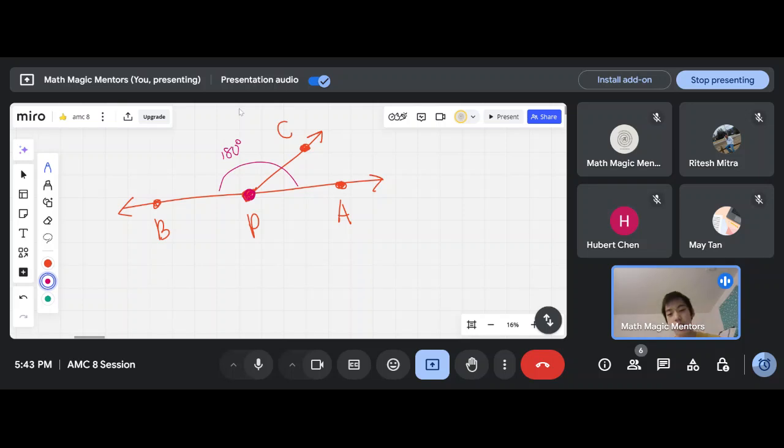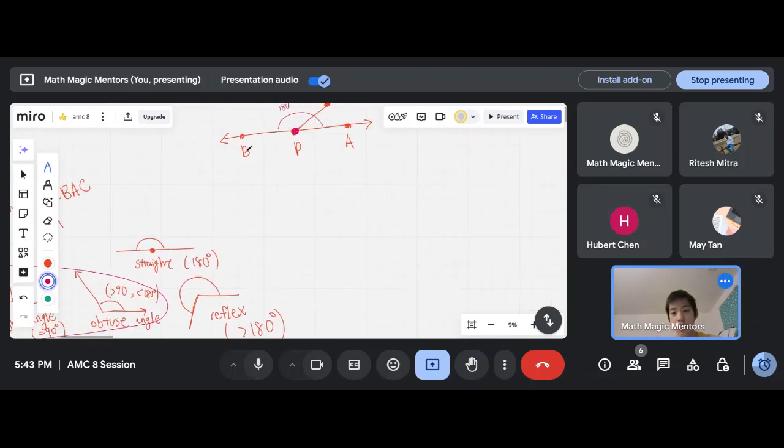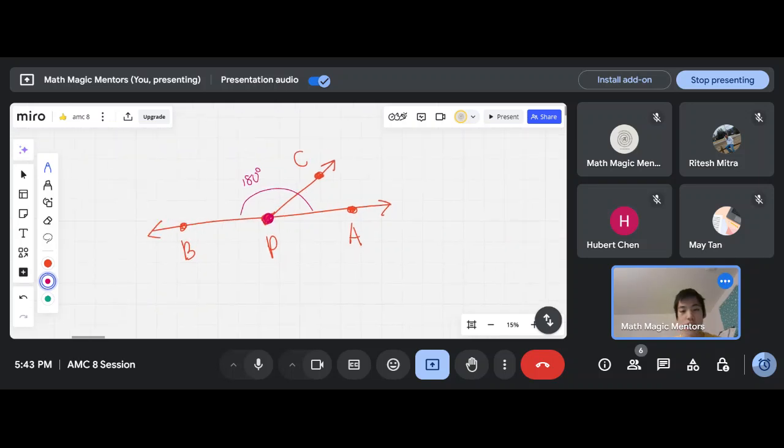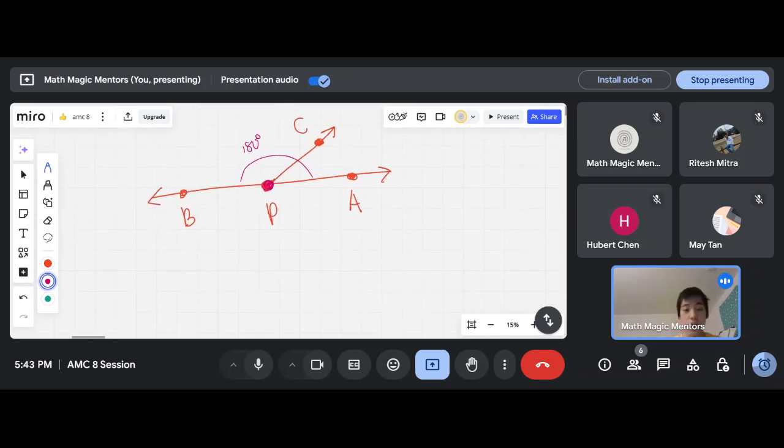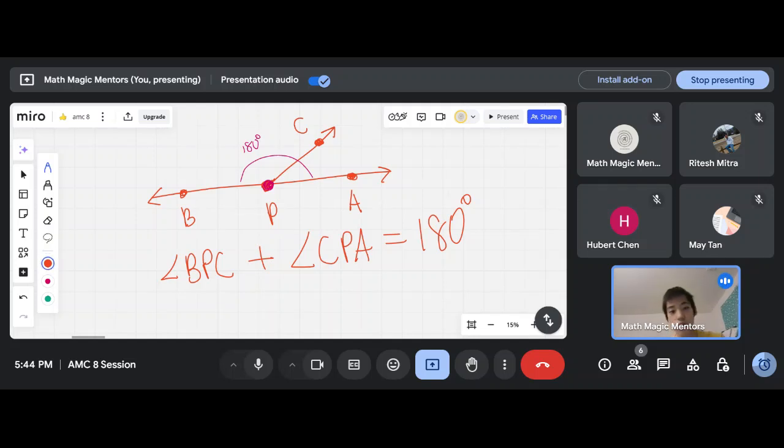And that's by the definition of a straight angle. That's just 180 degrees. And so we can effectively add the angles. So we're going to say angle BPC plus angle CPA, and then that's just going to be 180 degrees. And so that's just one example of angle addition.